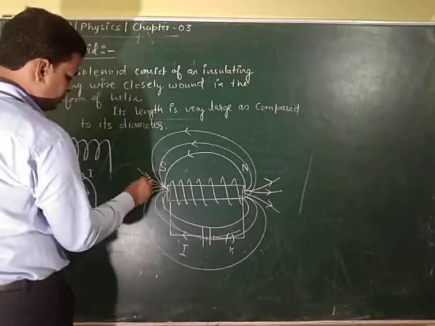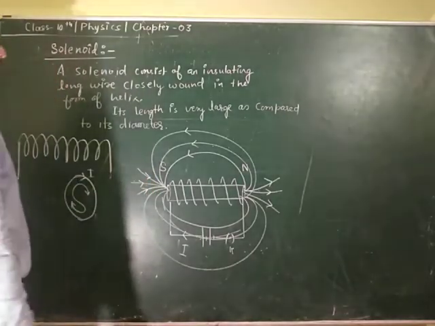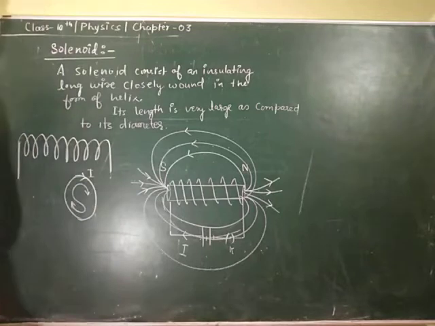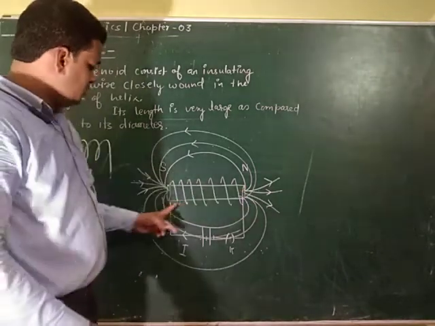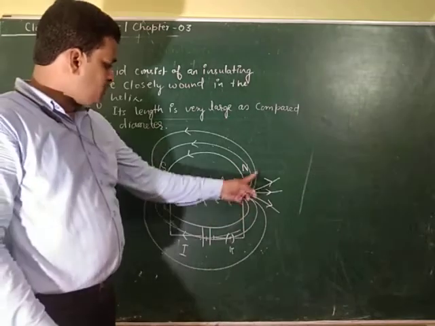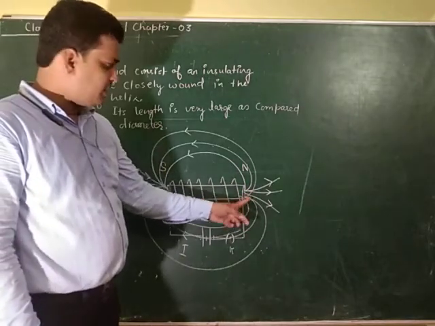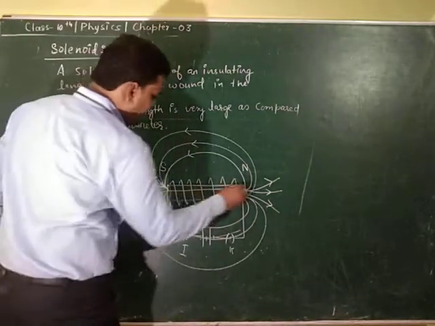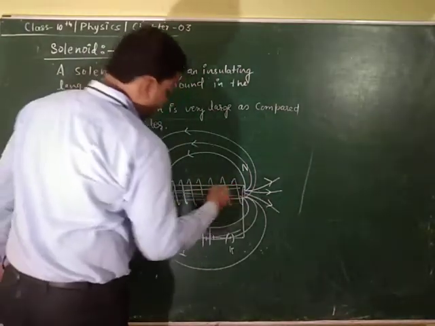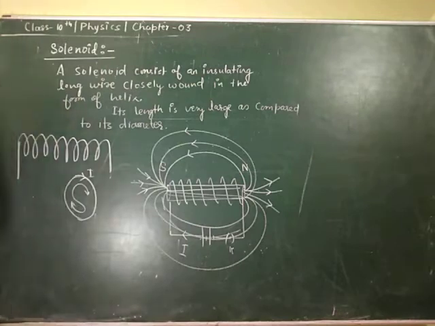You can see, because it was the south pole and this is north. So we have taken south and north. The magnetic field has a tendency to start from north and terminate at south, and from south to north again inside this. This is the magnetic field in a solenoid.